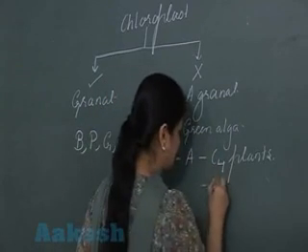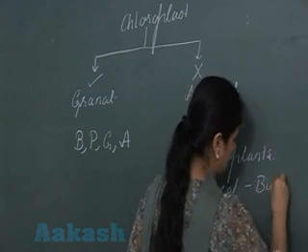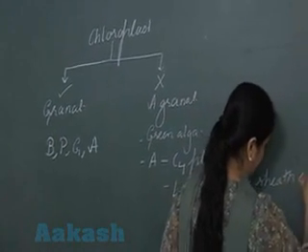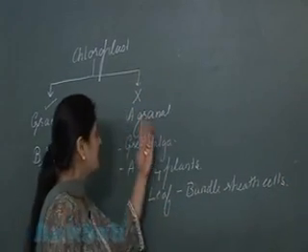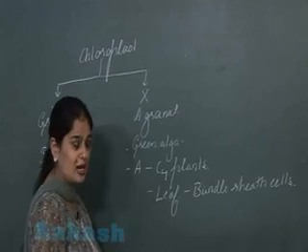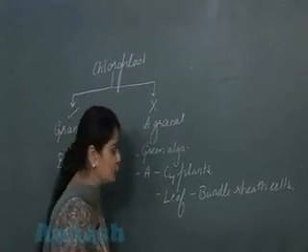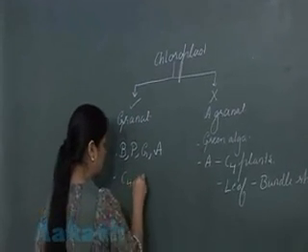C4 plants के अंदर leaf में there is presence of bundle sheath cells. And in the bundle sheath cells there is presence of agranal chloroplast. And in the rest of the cells which possess the chloroplast, there is presence of granal chloroplast.